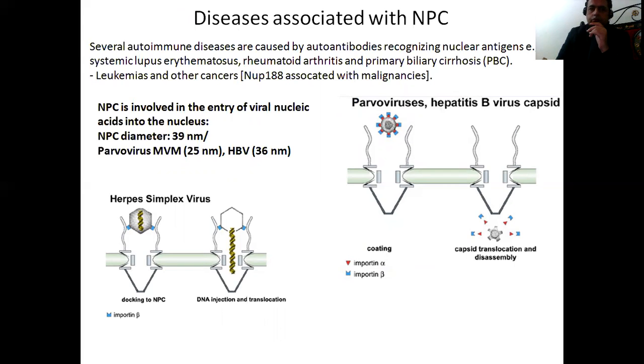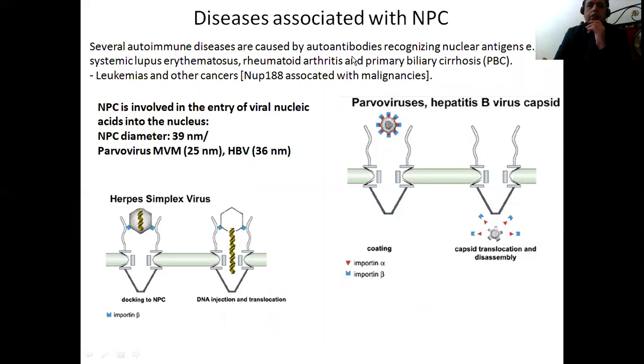like several autoimmune diseases caused by autoantibodies recognizing nuclear antigens. For instance, systemic lupus erythematosus, rheumatoid arthritis, and primary biliary cirrhosis or PBC have been associated with proteins of the nuclear pore complex.